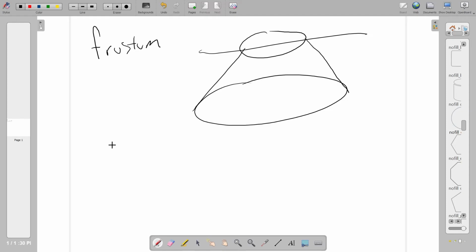Now this one, we get volume equals 1/3 pi h, which, remember, our cone is 1/3 pi r squared h, right?